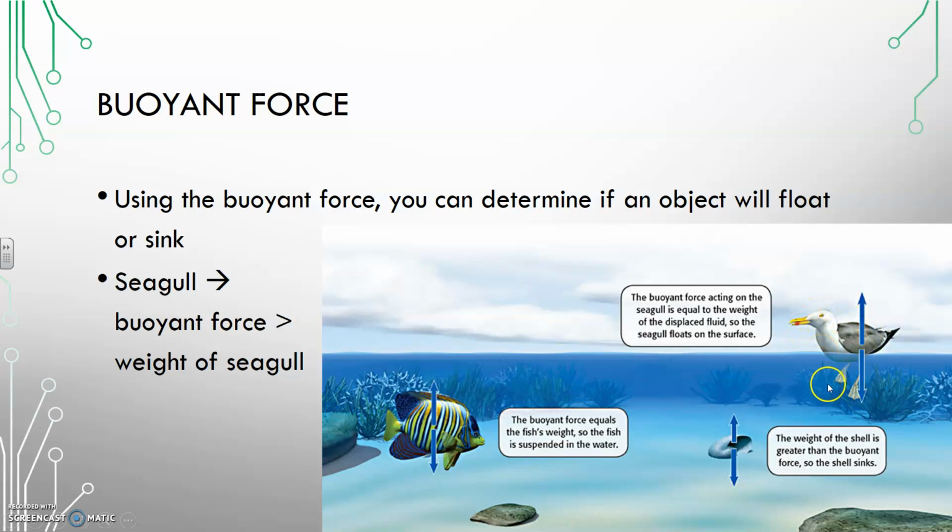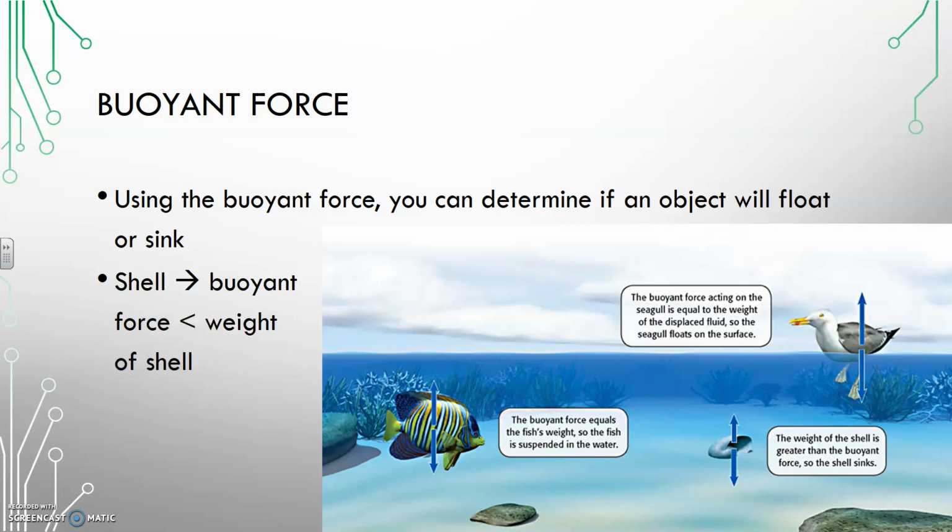So it's actually displacing more weight in the water than it actually weighs, which is why it floats. You have a greater force pushing up than the weight of the bird pushing down, which is why it floats.